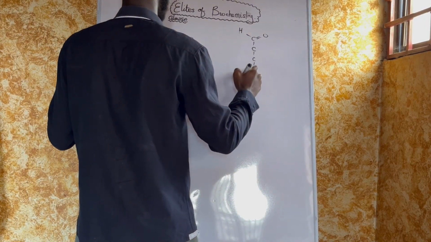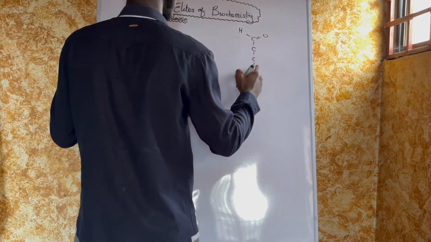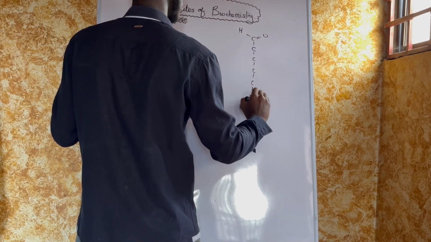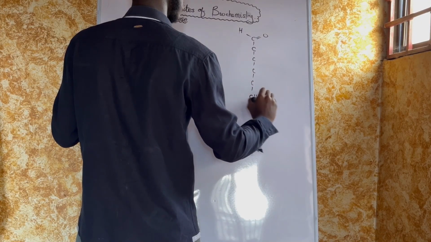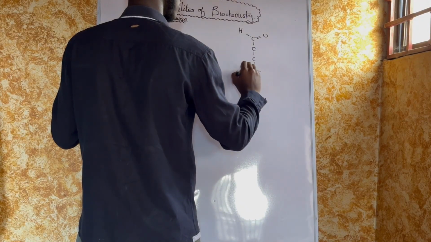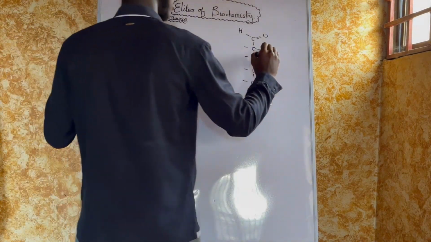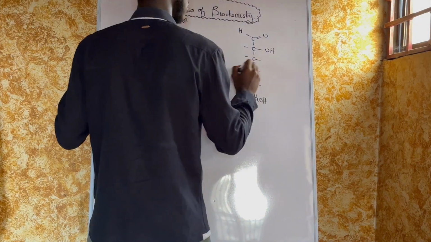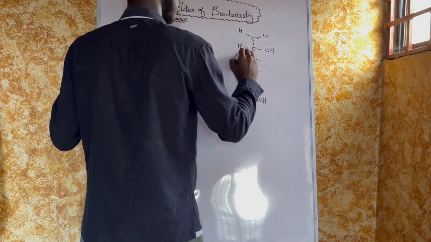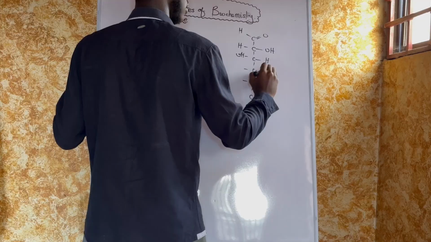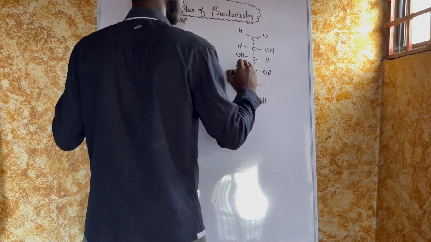One, two, three, four, five, and the last one, CH2OH. Alright, so we can have here our OH, hydrogen, OH, hydrogen, OH, hydrogen.